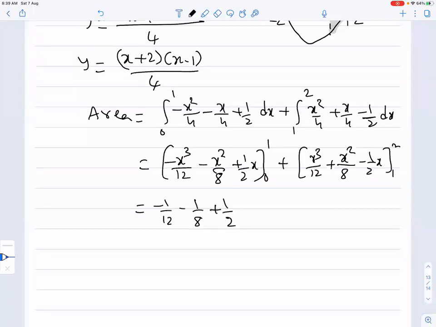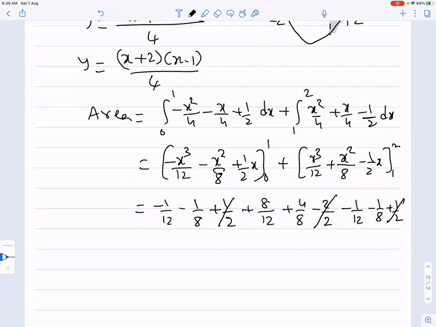In the next one, if I substitute 2, that is 8 by 12 plus 4 by 8 minus 2 by 2. Then substitute 1: minus 1 by 12 minus 1 by 8 plus 1 by 2. Now you can see that the half and the 1 will get cancelled here. Correct?